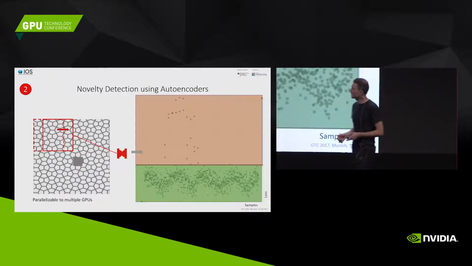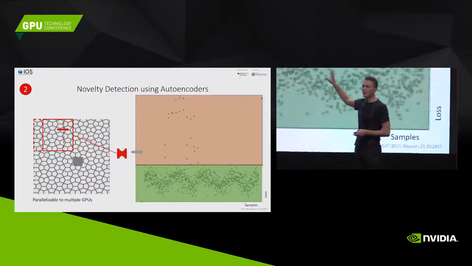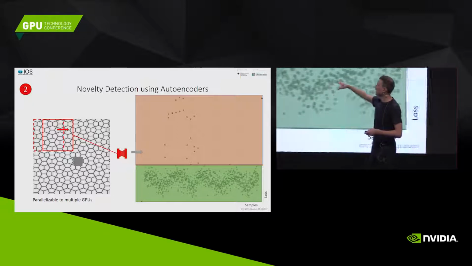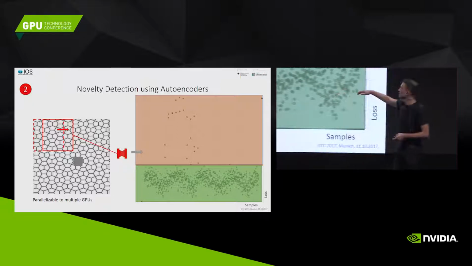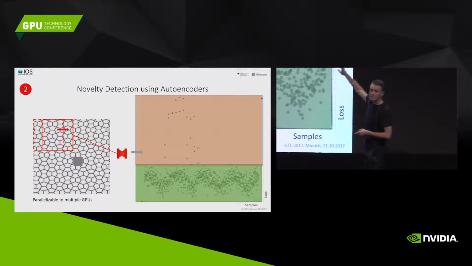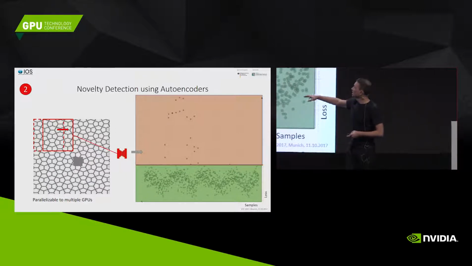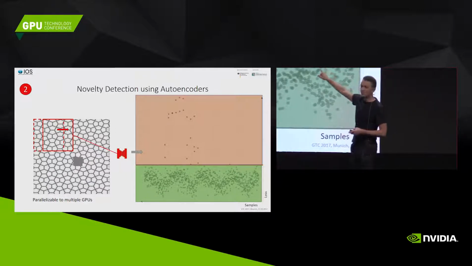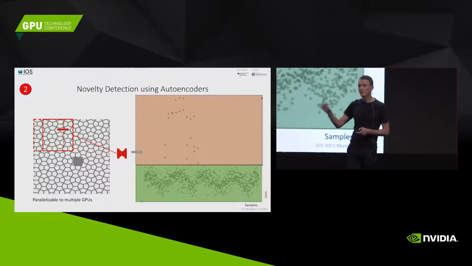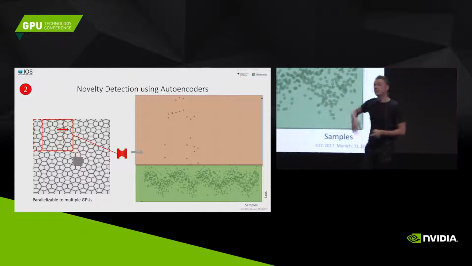And yeah, that works. If we slide the window over our height map in this case, we can then separate two classes. This is the error here shown in a graph. And the orange dots are our defect. So if the window slides onto the defect, our autoencoder is not able to reconstruct properly and our loss goes through the roof.